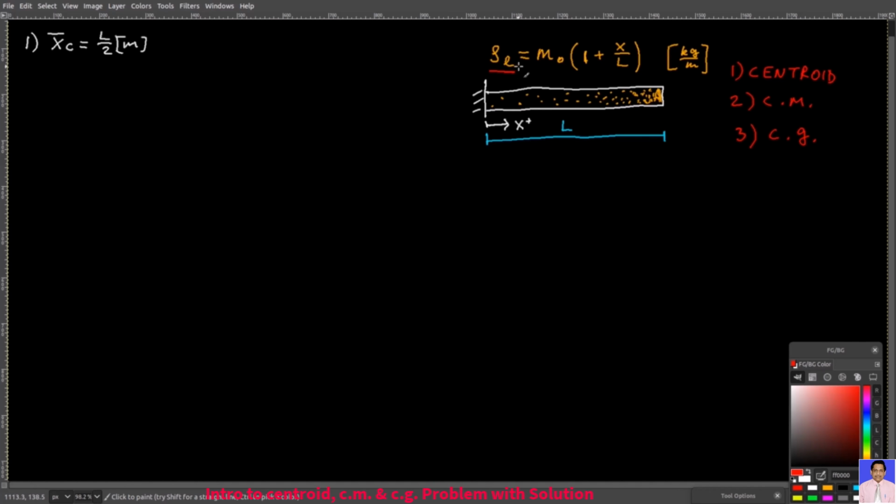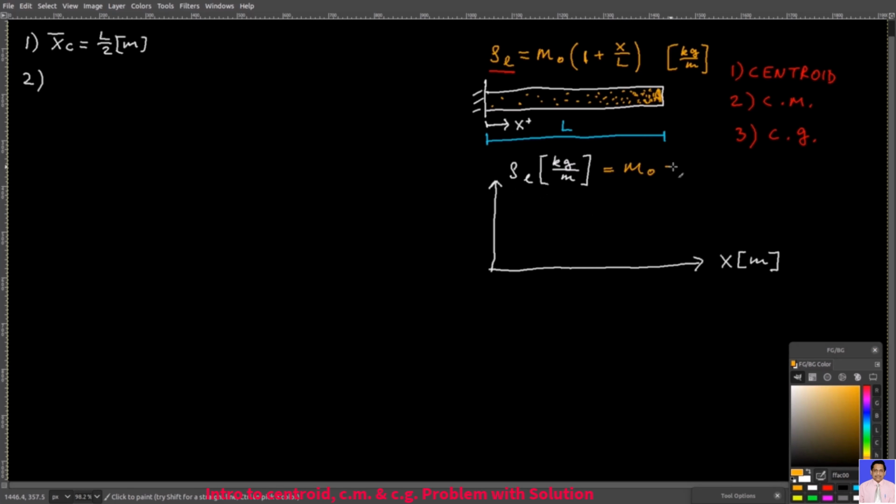Now, rho L varies with length. It varies with x. Thus, to get the total mass of the beam, we integrate this beam from 0 till L. In order to have a function line for rho L, we can also write it out like this: m0 plus m0 over L times x.